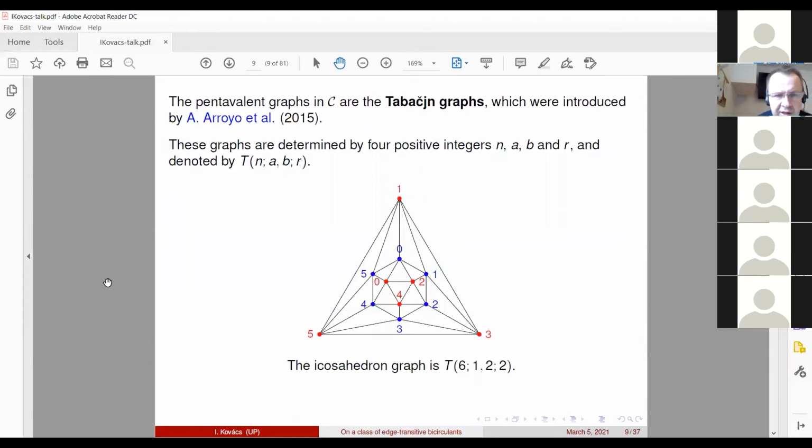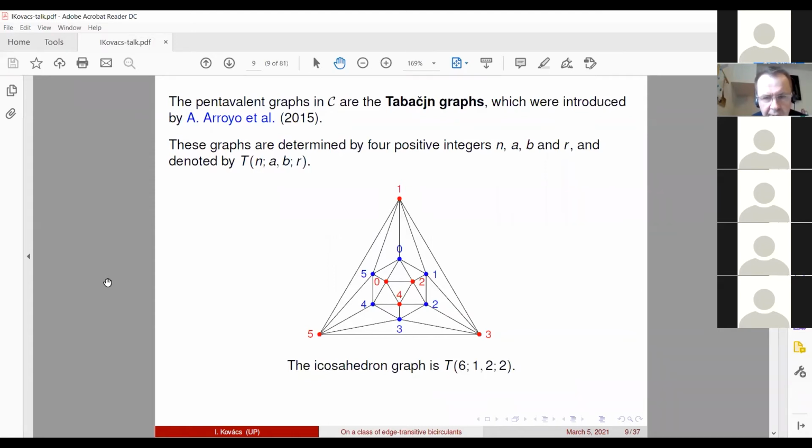For the 5-valent case, the graphs are called Tabachian graphs, and these graphs were introduced in 2015 by Arroyo and her co-authors. I will show the co-authors on the next slide, so you will see all of them. They use the notation T for the graphs.